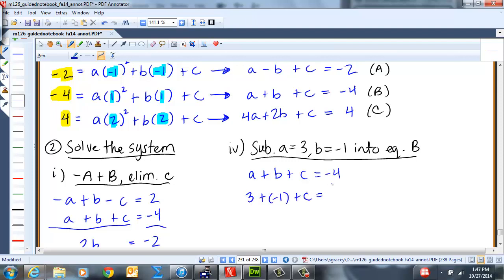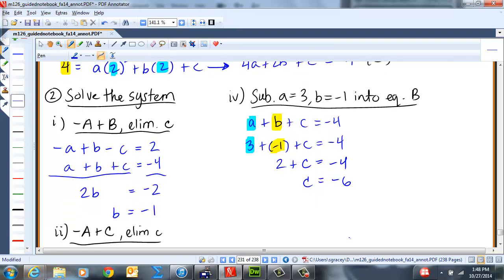We're finding c. So 3 plus negative 1 is 2. And taking away 2 from both sides, we'll get c is negative 6.